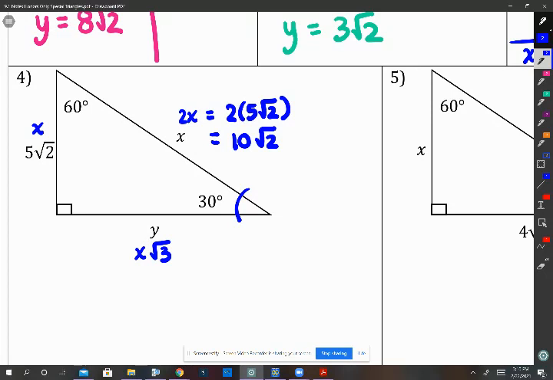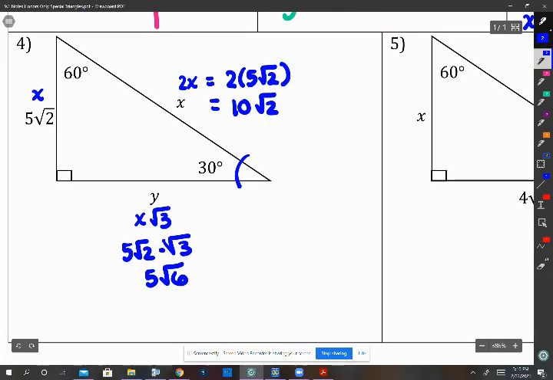And then for y, we take the x value, which is 5 root 2, and we multiply it by root 3. And so this ends up being 5 root 6, and 6 doesn't break down at all. So this is our x value in this problem, and this is our y value.